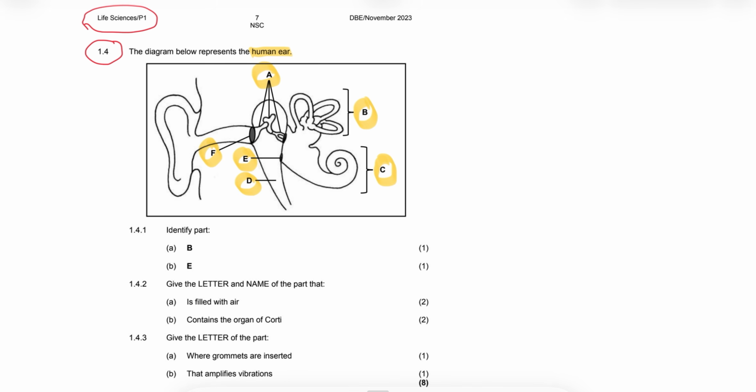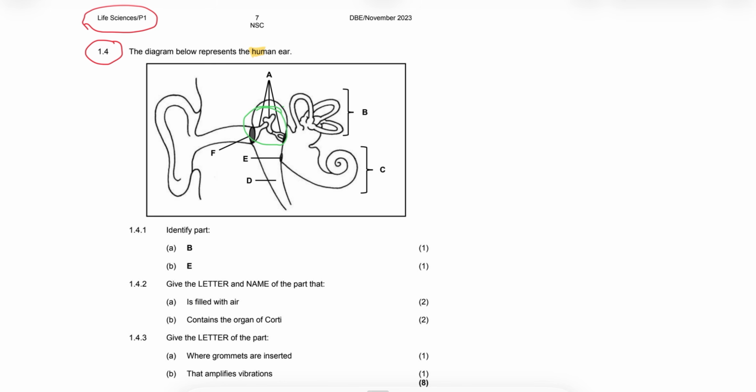So now, before we dive into this question, let us study the diagram. And we study the diagram by labeling the diagram. All right, we're going to start with part A. Part A is representing these three bones, or this structure, which consists of three bones.